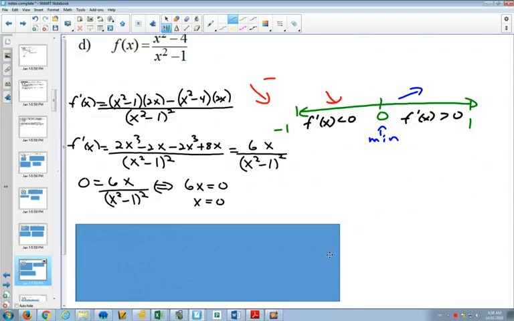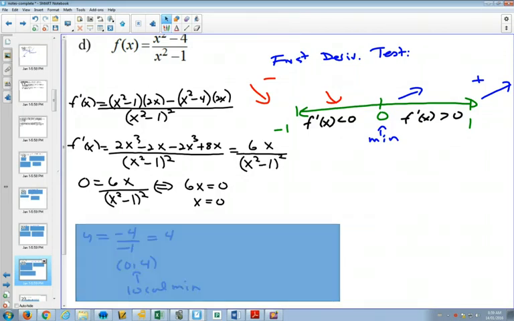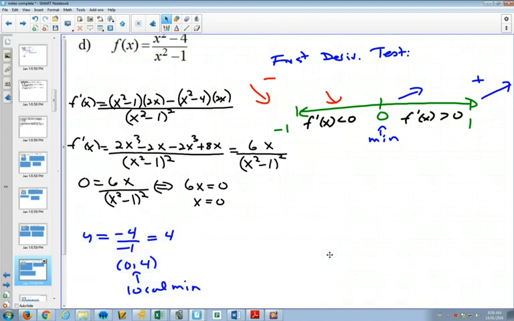And if you had tried a value larger than 1, it was still positive after that and increasing here. So in our first derivative test, with all of our critical values, we would still find out that our point at 0, 4 would be a local minimum.